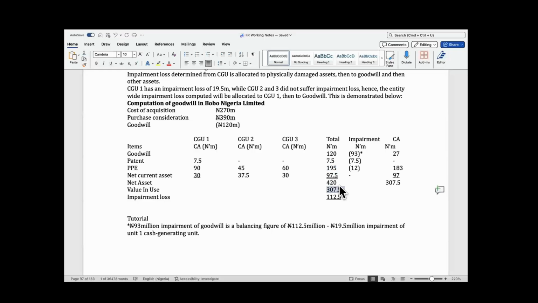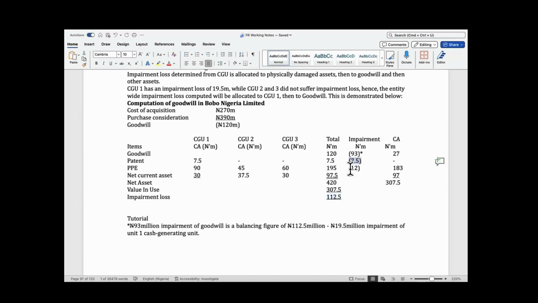So this 420 is the value of the entire business, and the value in use that they gave us was 307.5. So the impairment loss is 112.5. From solution one, I already know that CGU1 was impaired by 19.5, so I just spread it based on my solution in one above.